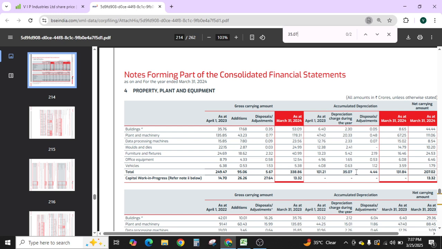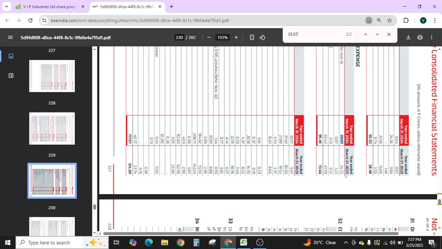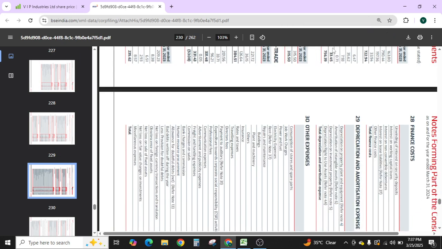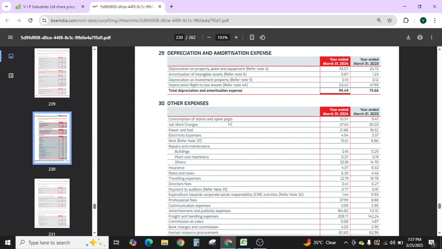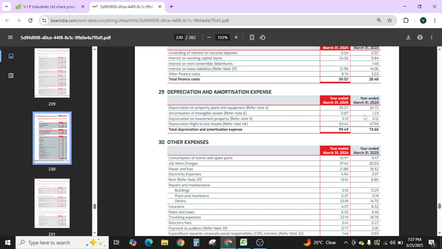See here, in the depreciation amortization footnote, this is depreciation 35.07, and there is also depreciation on ROU, right to use asset, which we will discuss in a later part. It is for lease things, so we will discuss it later.